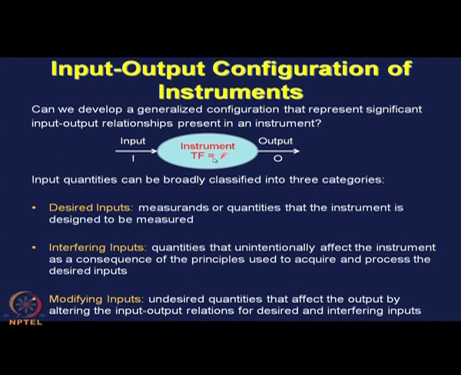In other words, modifying input affects the relationship that exists between input and output, and in this block diagram we are saying that this transfer function relates this input and output. So, modifying input will tend to change this transfer function, if we have to speak mathematically.